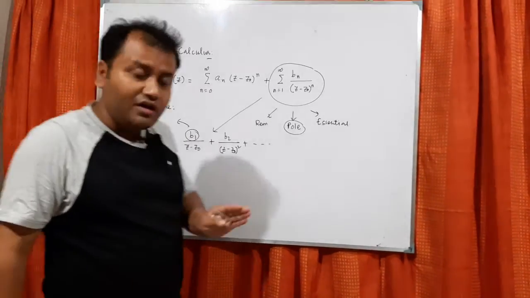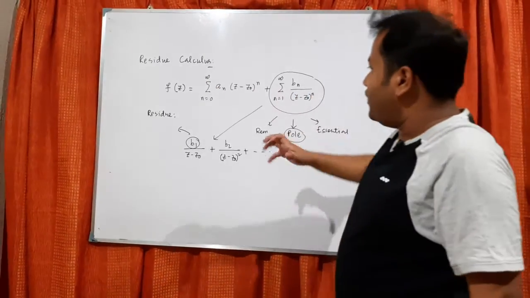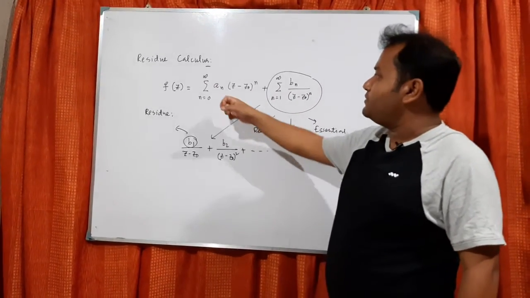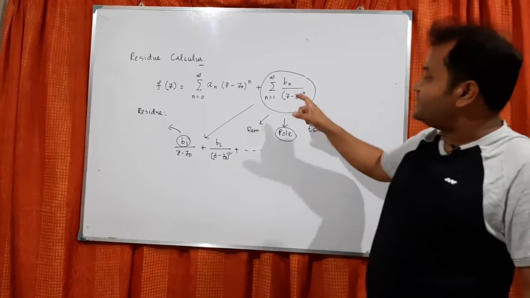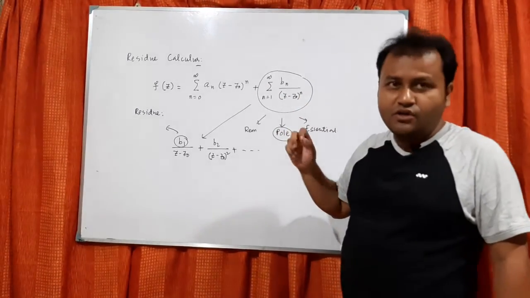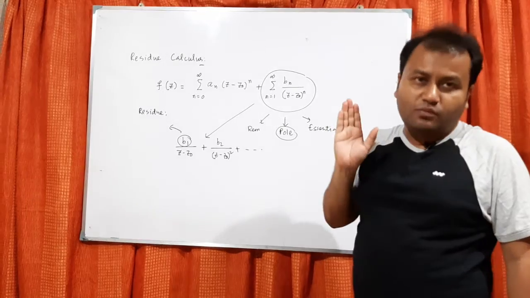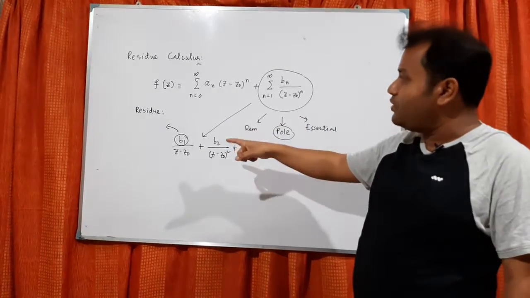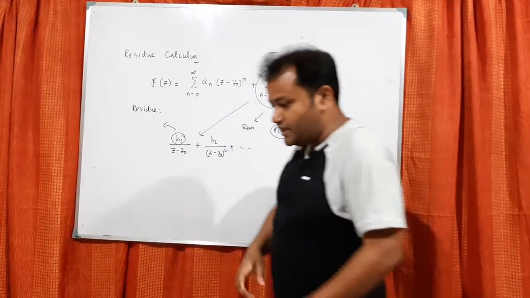This b1 is called residue. Now for any problem, it is not possible to write in this form and then calculate b1. So we need some ready-made formula for finding this b1 or residue. Let's discuss that.